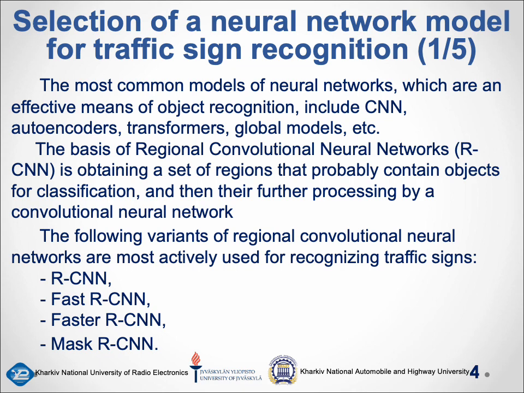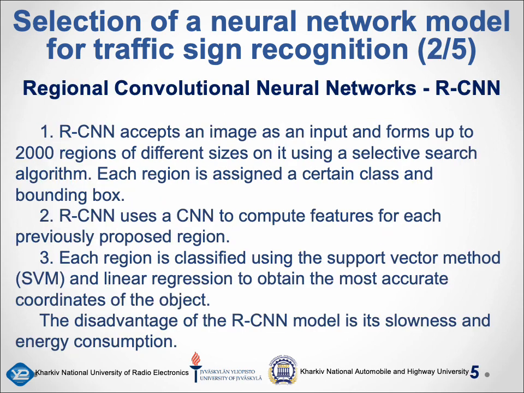The following variants of regional convolutional neural networks, RCNN, are most actively used for recognizing traffic signs: RCNN, Fast RCNN, Faster RCNN, and Mask RCNN. The selection of a regional CNN model for traffic sign recognition was carried out in our paper.